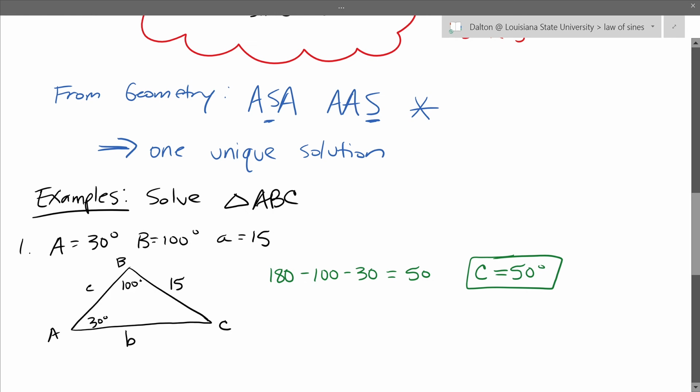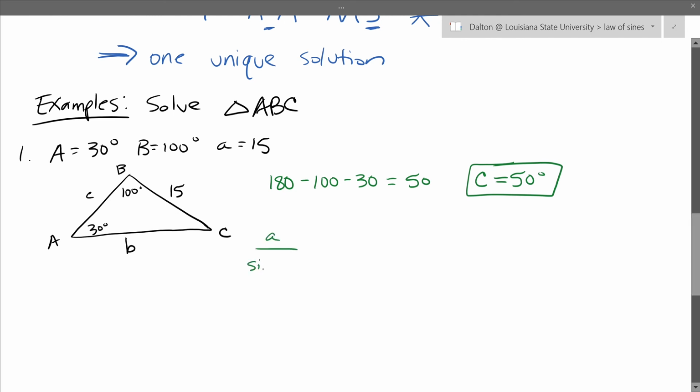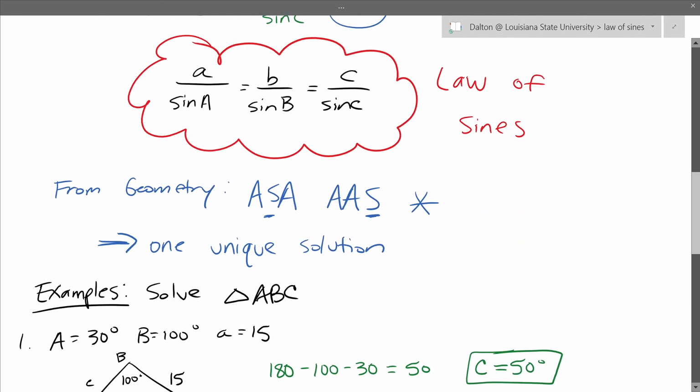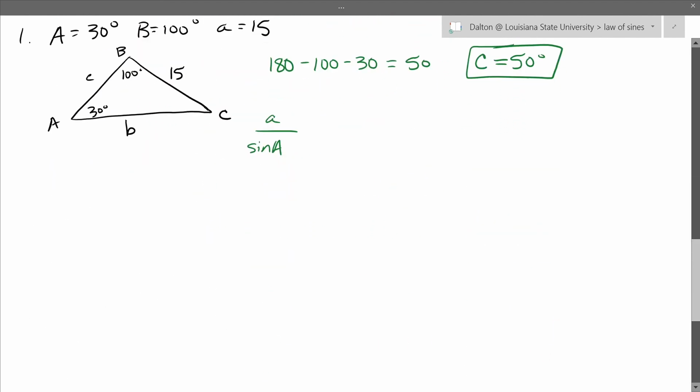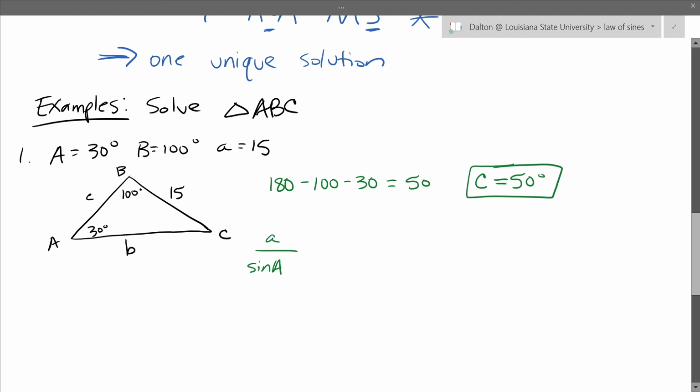Okay, from there we can use the law of sines to help us figure out the sides. So if I have A over the sine of A, now when you use the law of sines, you don't have to use all 3 ratios. You could just use 2 of the ratios that you need. A over the sine of A, I already have, and then I have A and a side length, so I need to solve for either B or C, so just choose one.